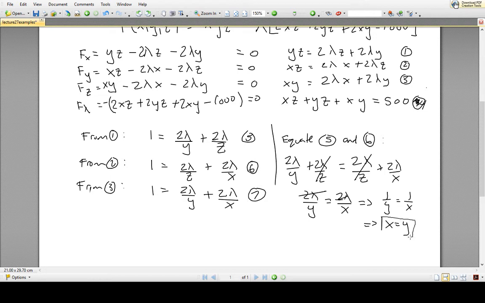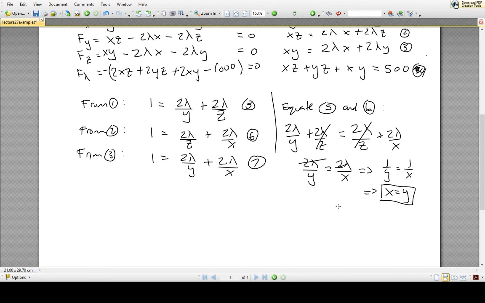Okay, so from equation 7, I'm going to equate equation 7 and say equation 6.